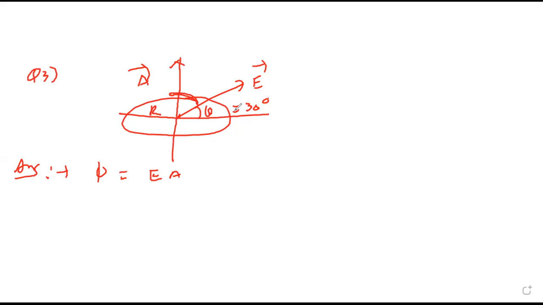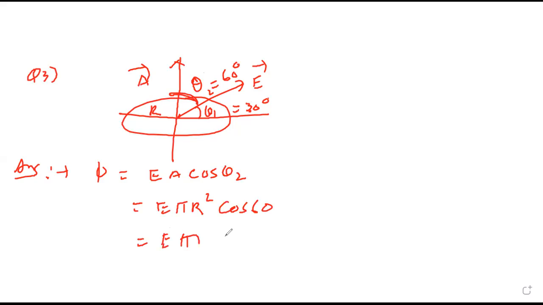By mistake, don't take this theta as the angle. This will be theta here, which is our required theta with the area vector and the field. So it will be EA cos theta 2. Area of circle is pi r square. Cos theta 2 is cos 60, which is half. So E pi r square upon 2.